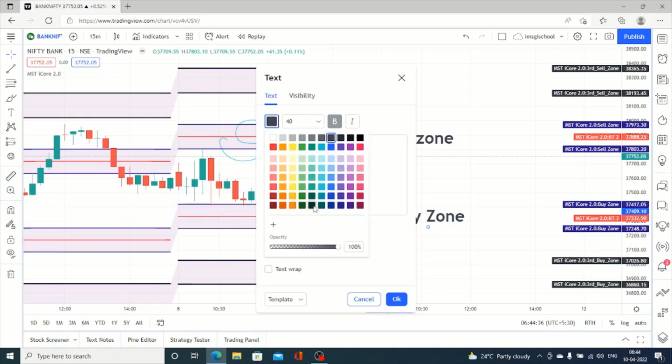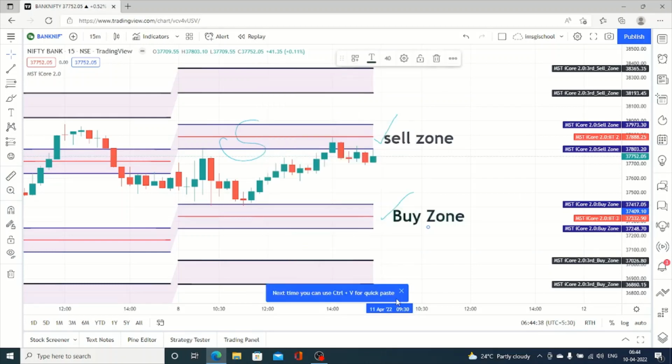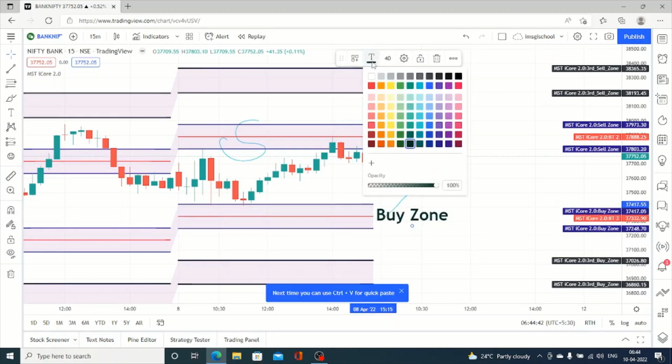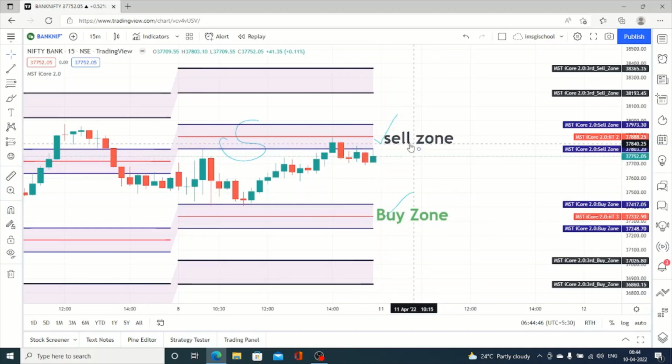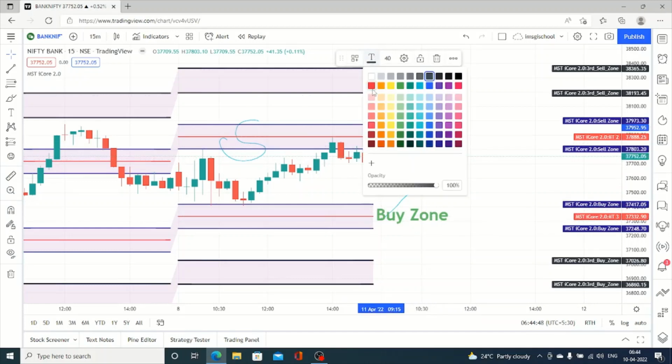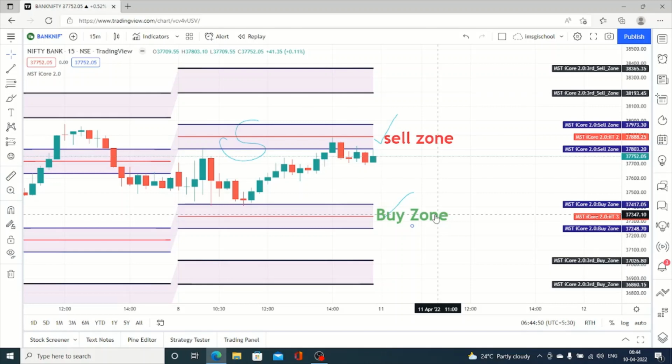I am changing to green. Now this is the buy zone. So we have only a sell zone and a buy zone. So what do you have to do?